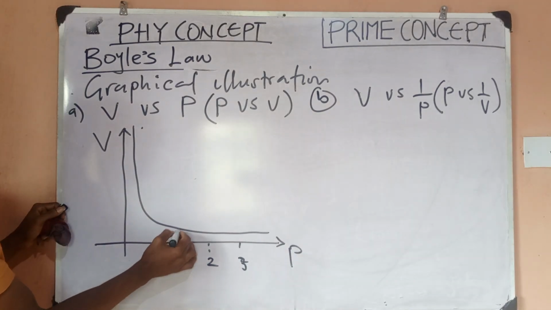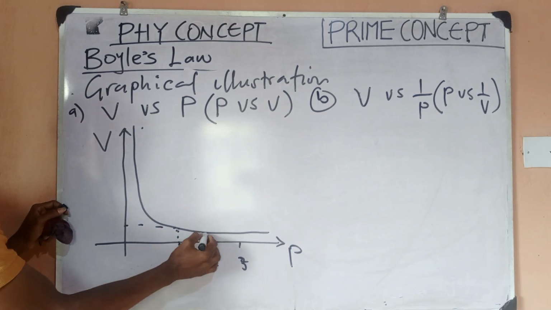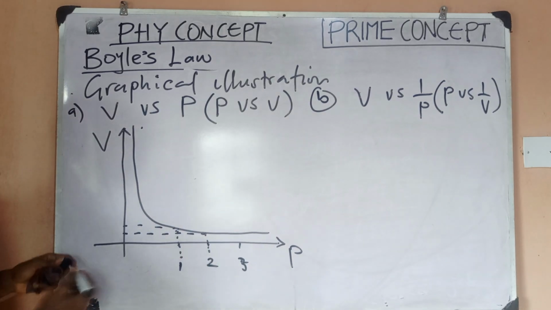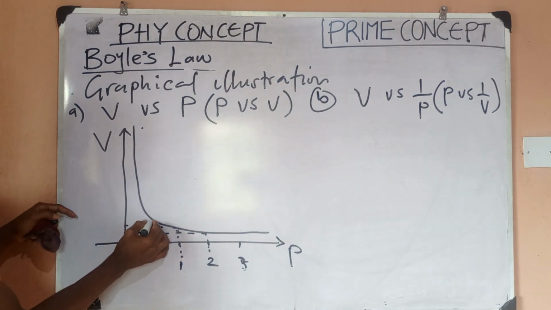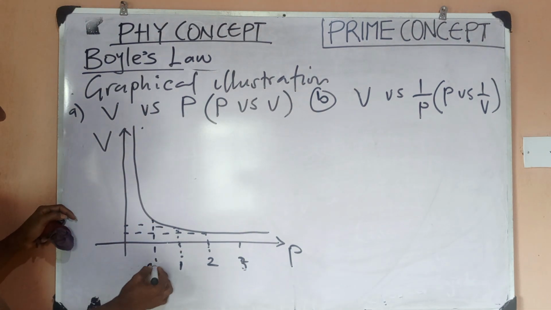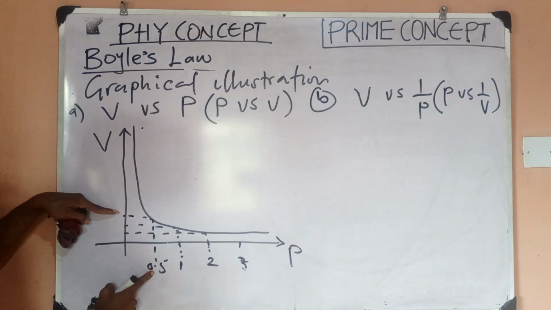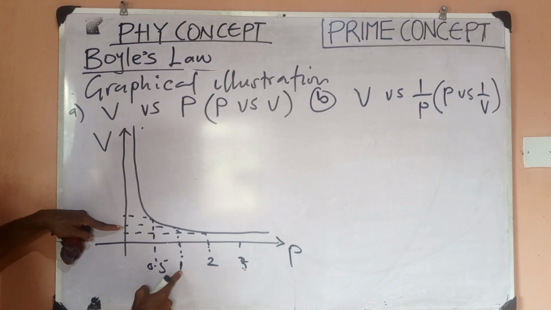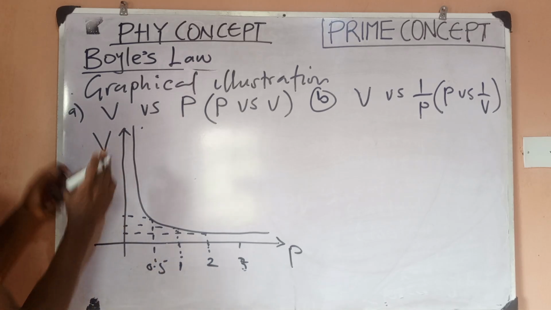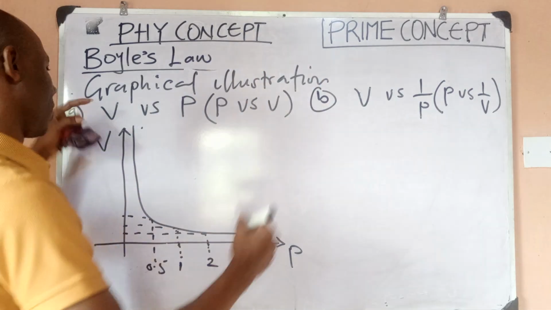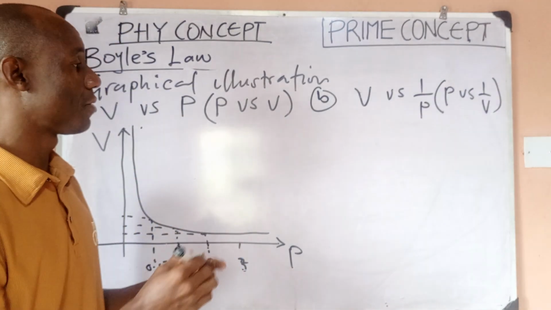At this particular point, you can see your volume. So when this pressure is increasing, volume is dropping down. At this particular point, let's say this is 0.5, you can see your volume is high at 0.5. When you increase to 1, your volume came down. When you increase your pressure to 2, your volume came down. So that is what you have. As your pressure is increasing, your volume is dropping. Or as your pressure is dropping, your volume is increasing, vice versa.